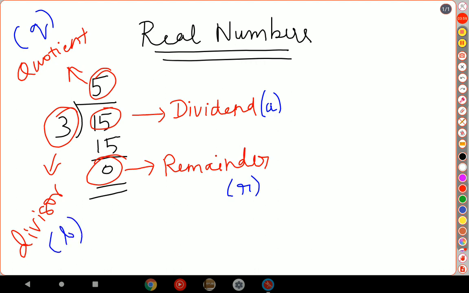Why could I not have named these D and D? No, because I'll get confused, as this is also D, this is also D. What should I do? Should I do it as D1 and D2? No confusion. A is dividend, R is reminder, B is divisor, Q is quotient.